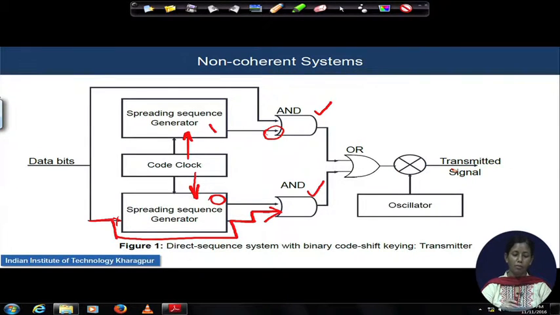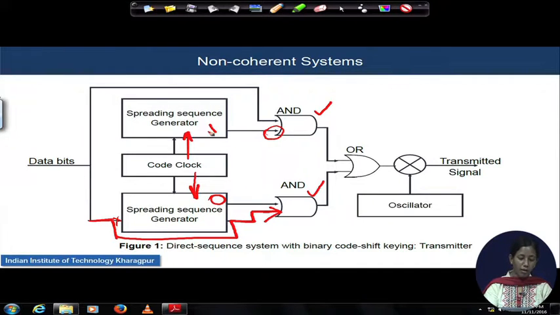So, at a particular moment we understand by this structure that based on the choice of the codes and the data stream that is coming, either the upper sequence generator or the lower sequence generator is getting activated. Each symbol is getting spread by a unique code.